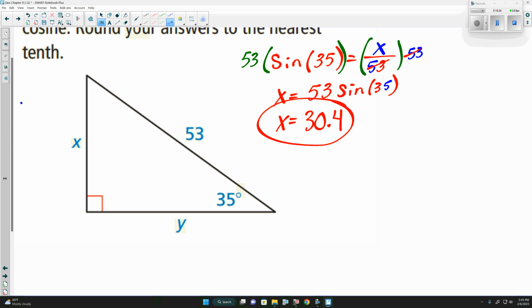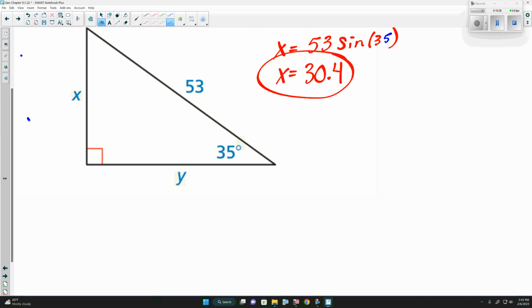Now, if we wanted to find y, using cosine of 35 degrees, it is equal to the adjacent side, which is y, because y is right next to the 35, so it's the adjacent, and the hypotenuse is 53, because it's opposite the right angle.